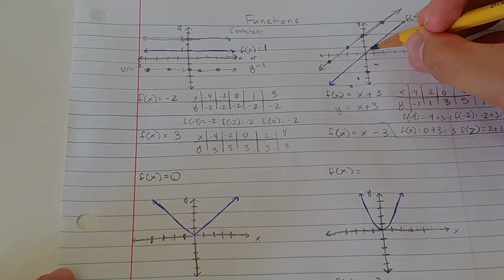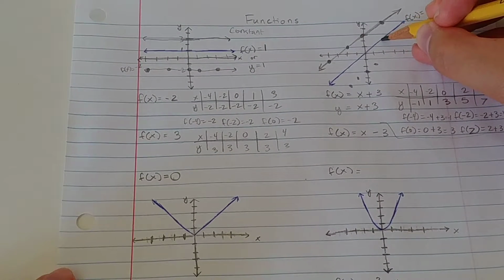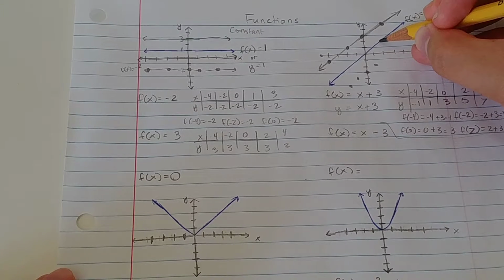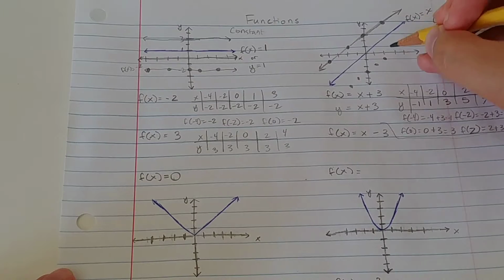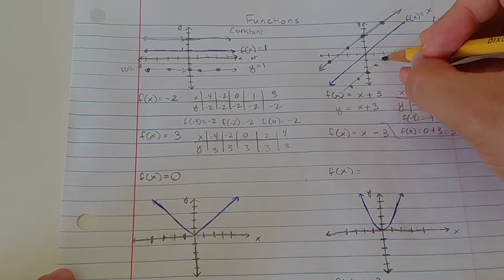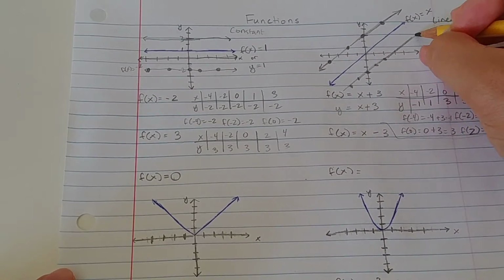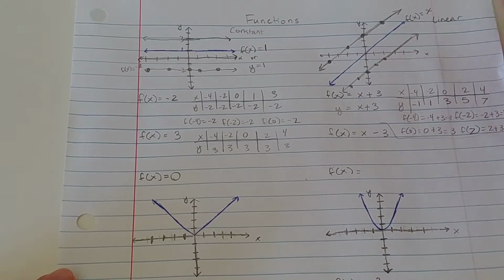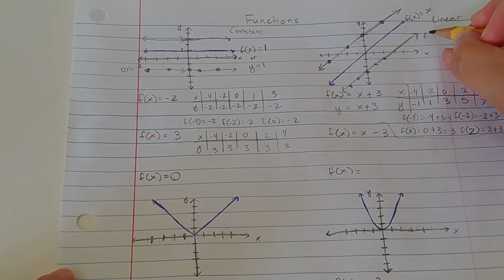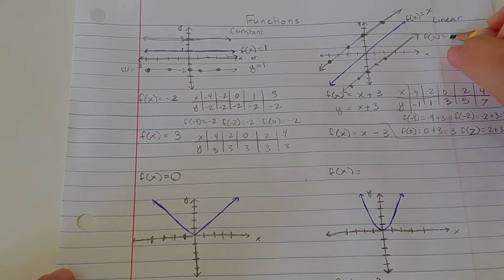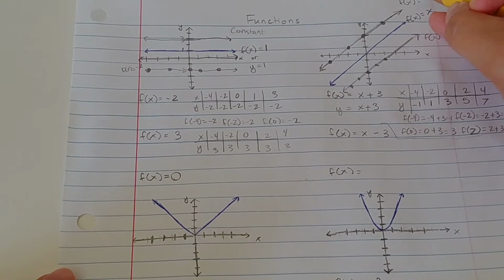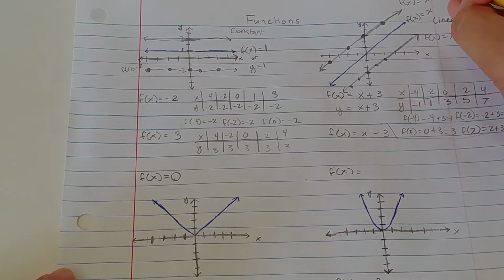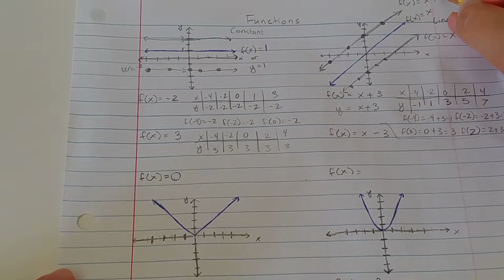It'll give you the same thing. So we're just moving everything down 3 spaces, and so on. Ta-da! It's parallel again. This is f of x equals x plus minus 3, and this is f of x equals x plus 3. I think I went out of the shot there. Sorry.